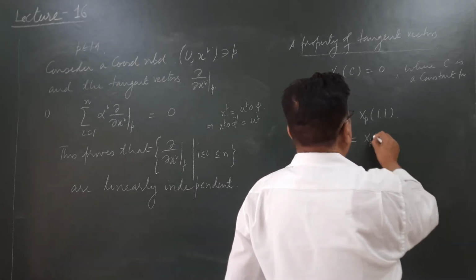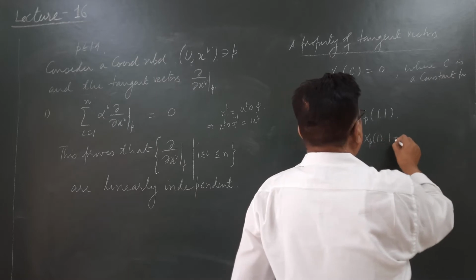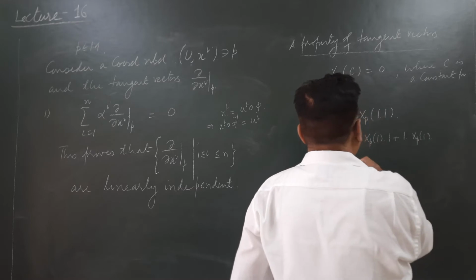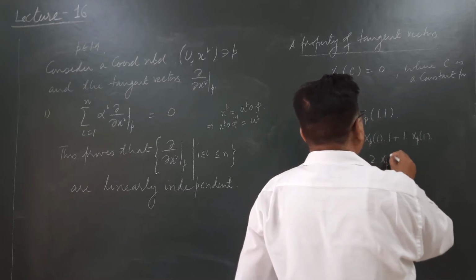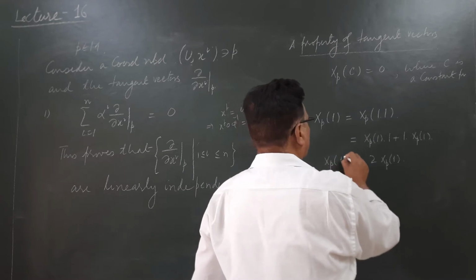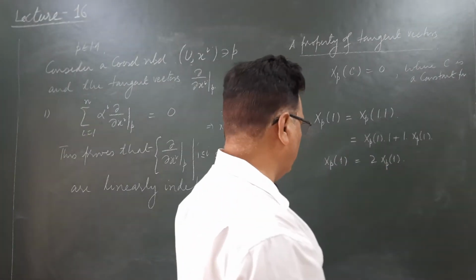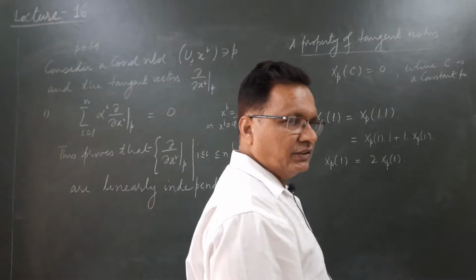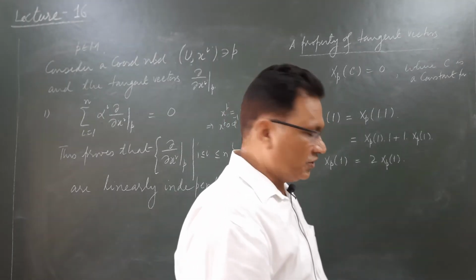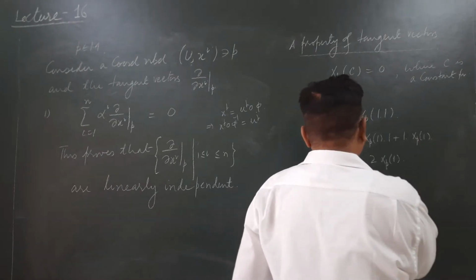So it will be equal to XP1 into 1 plus 1 into XP1, and this means it is 2 times XP1. So XP1 is same as 2 times XP1. ऐसा कौन सा नंबर है जिसकी वैल्यू अपने से डबल के भी बराबर है? It is none other than 0. So this implies XP1 is 0.